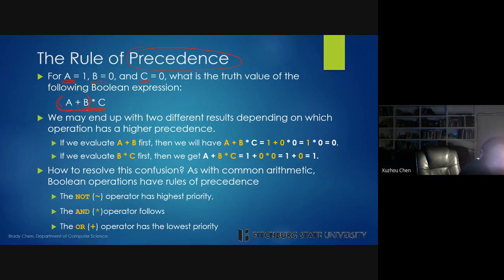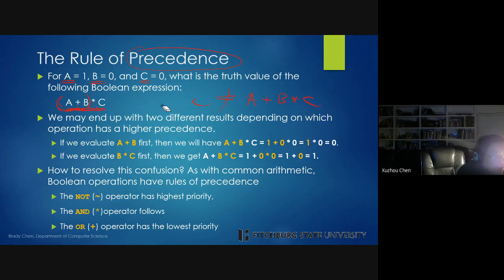Parentheses have a higher precedence than other operations. So now you deal with the plus first, add these two first, and then multiply by C. So A plus B times C and (A plus B) times C are not the same. That's for arithmetic.